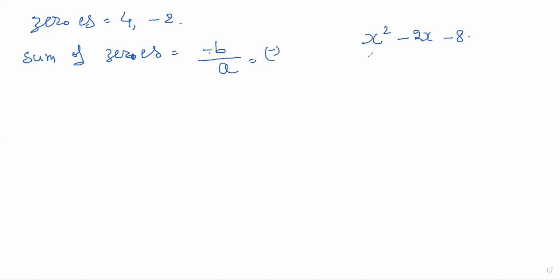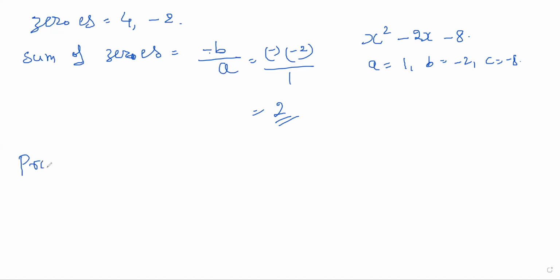I'll write a, b, c once again: a is 1, b is minus 2, c is minus 8. So in the relation we have a minus sign, so put minus as it is. In place of b, you have to write minus 2. Since a is equal to 1, minus into minus becomes plus, 2 by 1 is 2.